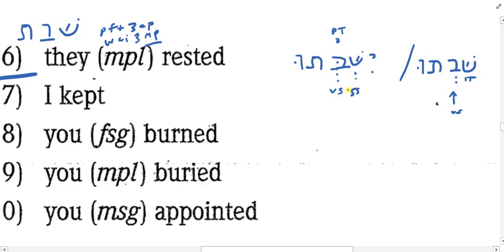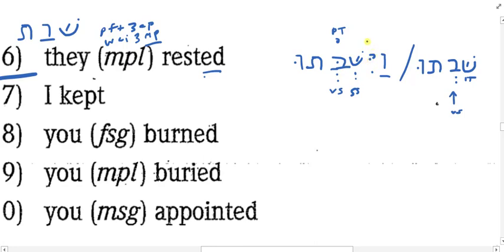is they will rest, but we're wanting to make this past time using the prefix conjugation. So we need to add the special vav now, don't we? So what am I going to do? Put a vav here. What will go under the vav? Pathak. And then, do I need to put anything in the yod here?